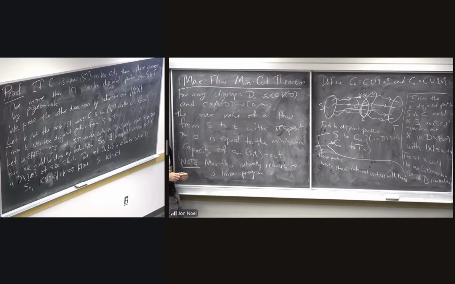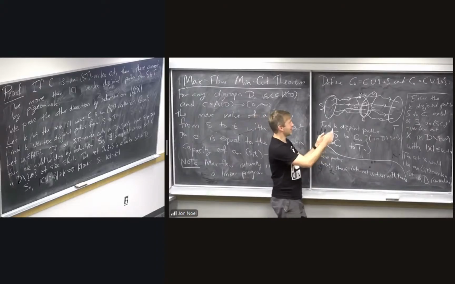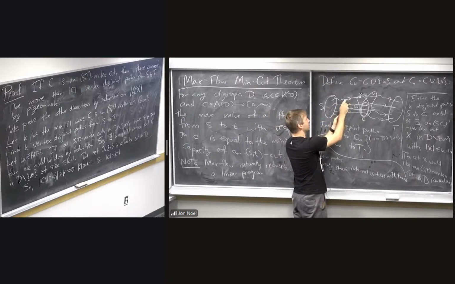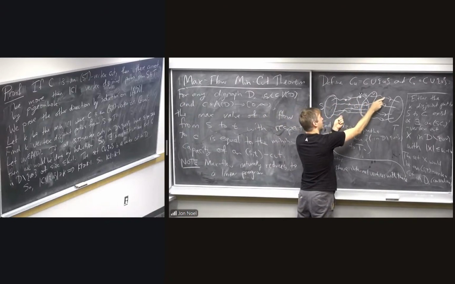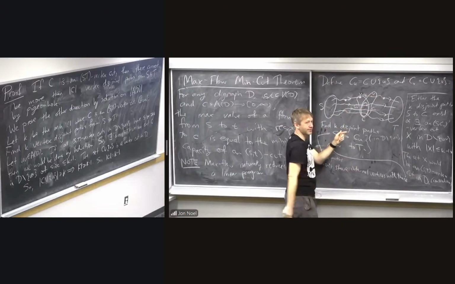I'm not even sure if my question's clear, but what I'm trying to say is that you're not going to have this vertex being the same vertex as that one. I won't have this path coming back and using one of those vertices.